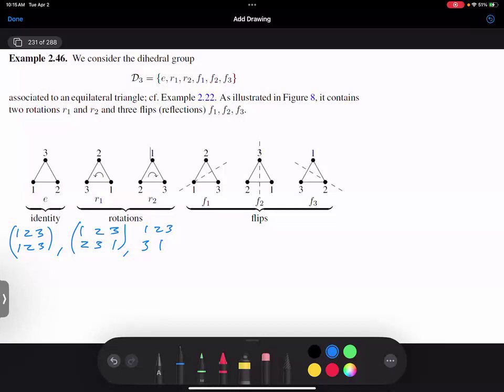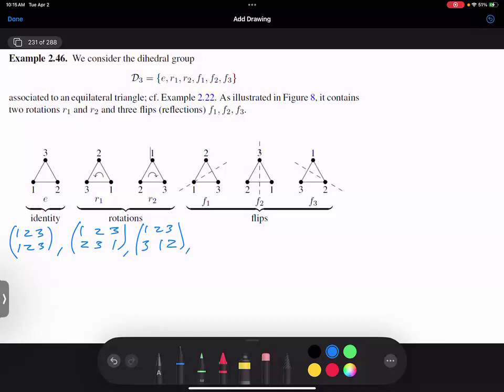Why not? But there can't be any repetitions. So the only possibility for 3 is whatever I haven't used yet, because it's the last one. So I know 3 has to go to 2. I don't have to do the calculation.